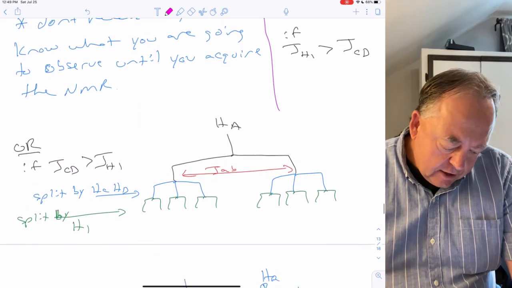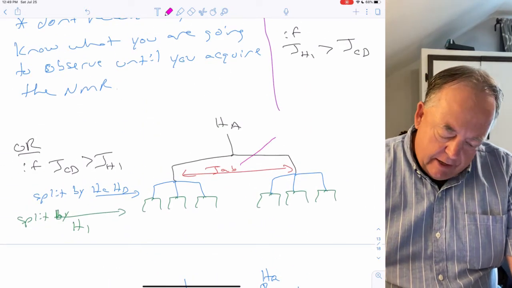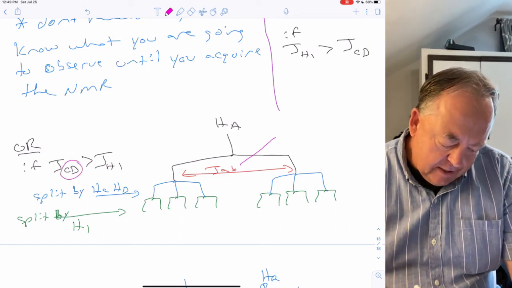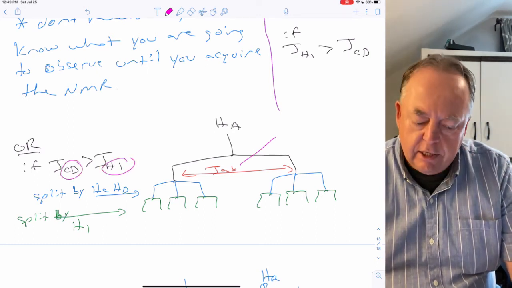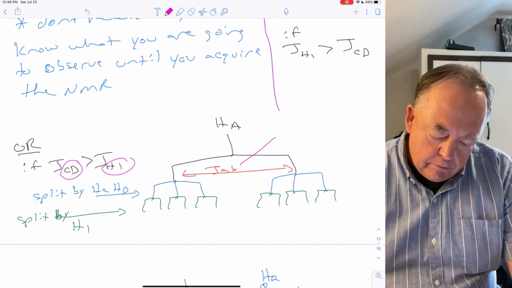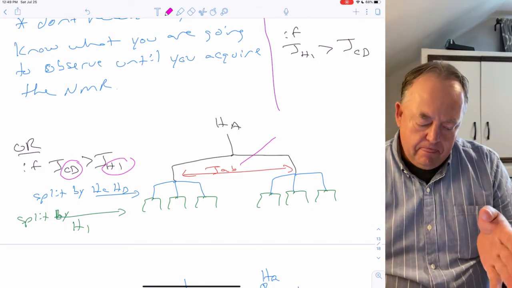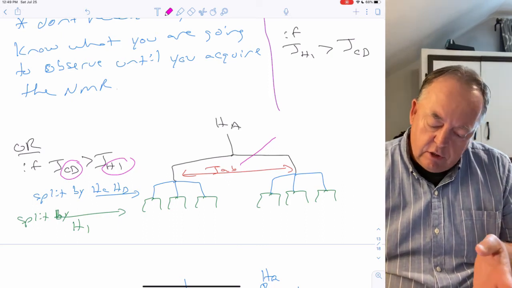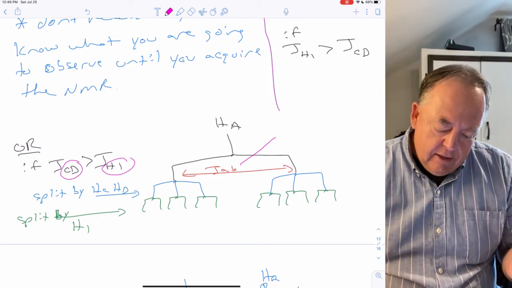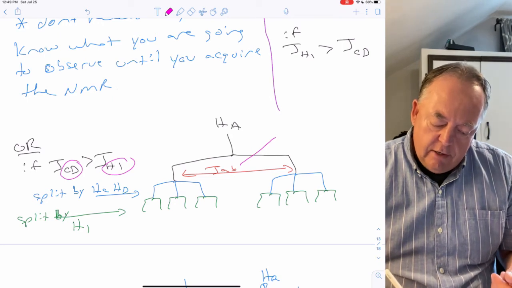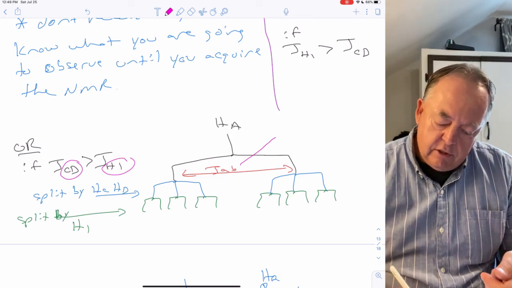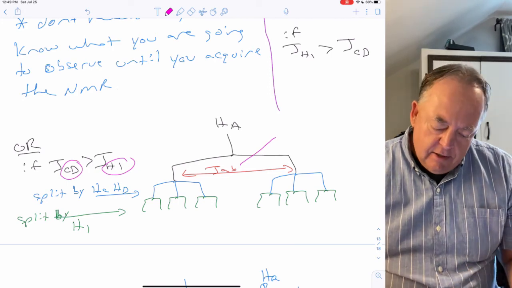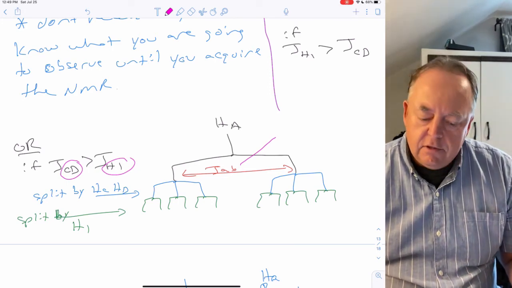Or another possible scenario: AB geminal is the biggest, but maybe the coupling with CD is bigger than with H1. So B splits it into a doublet, and then CD, 2 neighbors, 3 peaks, each of those doublets is split into a triplet. Then it splits with H1, 1 neighbor, 2 peaks, so each of those triplet peaks is split into a doublet, and now you have a sextet of doublets, right?